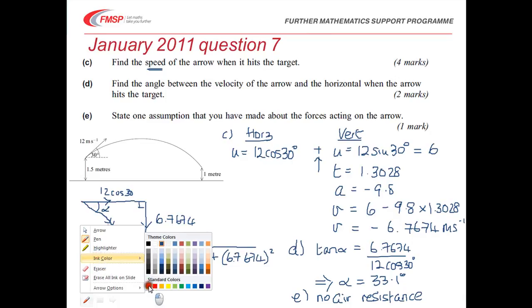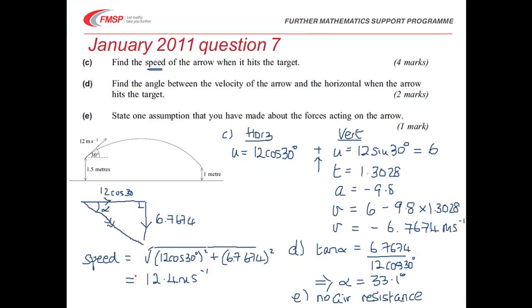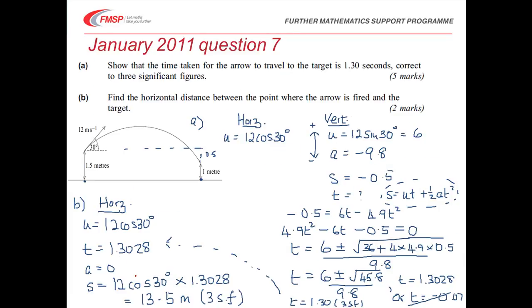So if we have a look at the marks for that as we go through, just going back up to the beginning, there was a method mark for using S equals ut plus a half at squared and getting the terms correct, and then an accuracy mark for the terms and another accuracy mark for the signs.